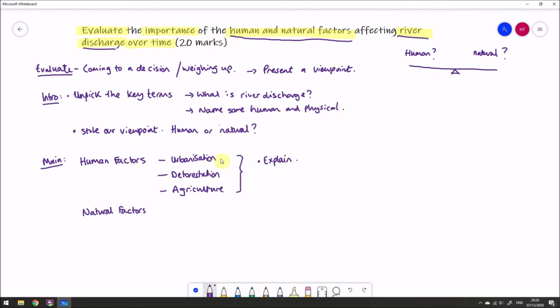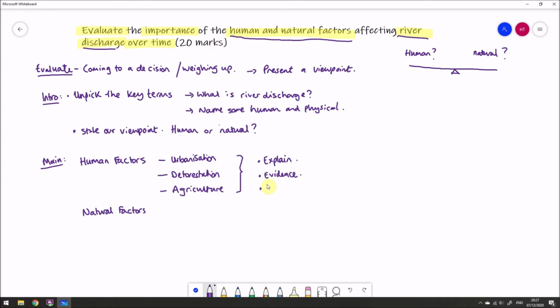So you're making it very clear how urbanisation or deforestation or agriculture is influencing river discharge. You want to have some evidence in there. So think about some of the examples and case studies that we've looked at so far and how you can use those within your response.